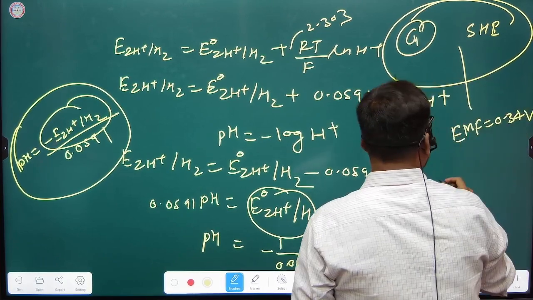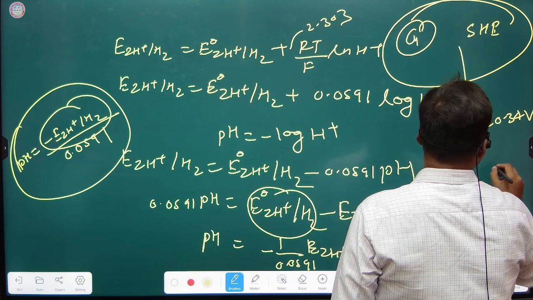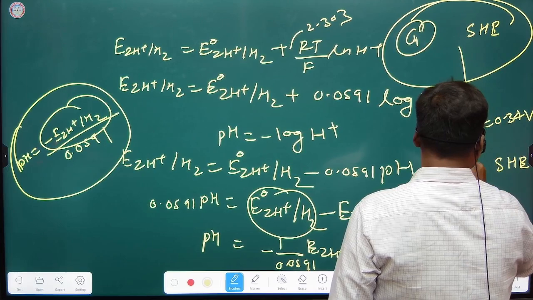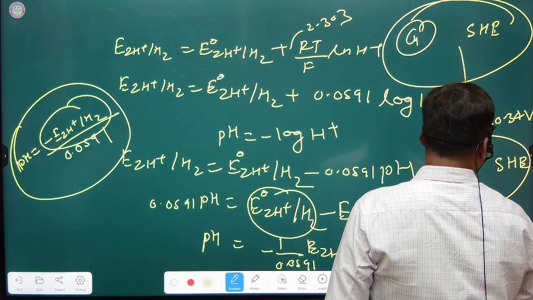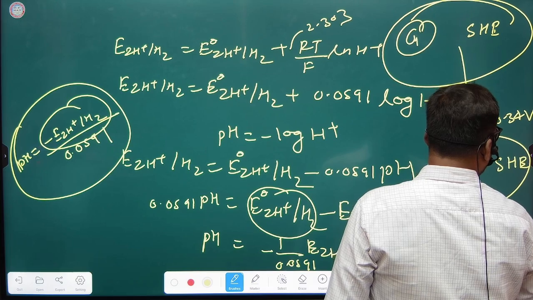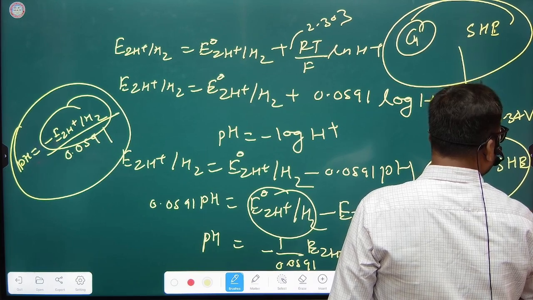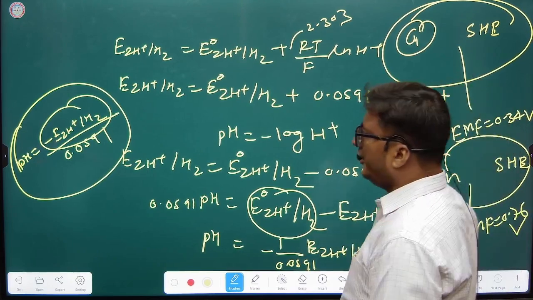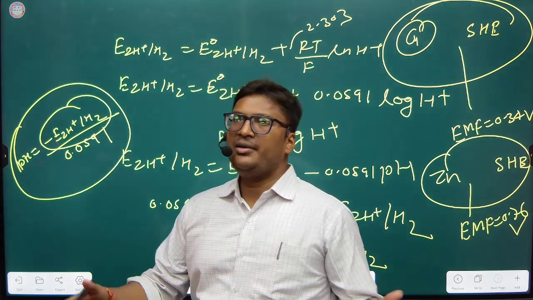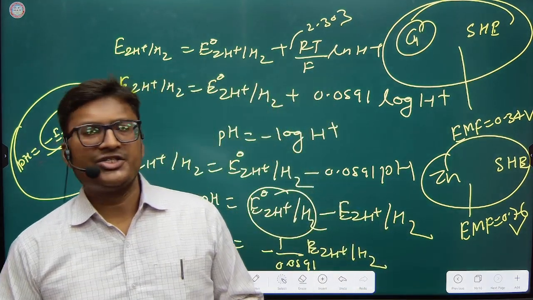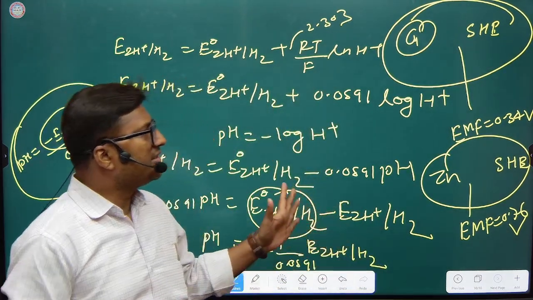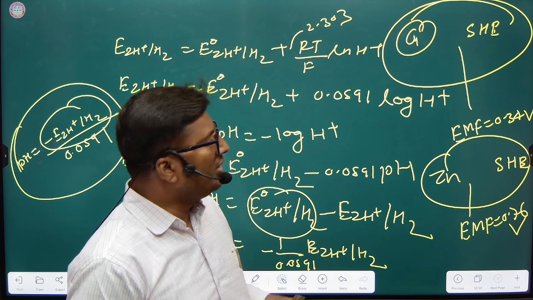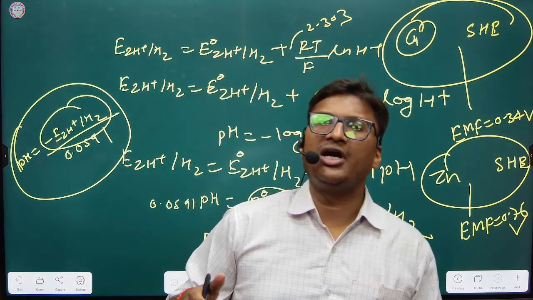Or if we couple zinc with respect to a standard hydrogen electrode, right? Then we can get EMF, that is 0.76 volt. So any kind of element and its half cell reaction that is connected with the standard hydrogen electrode, we can get the EMF of a galvanic cell.